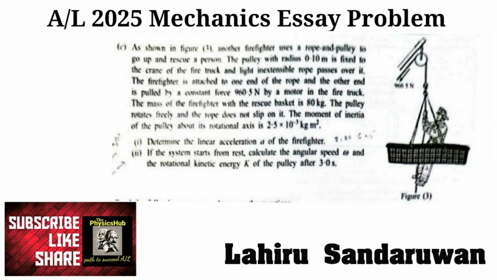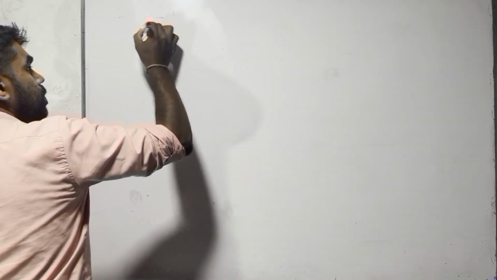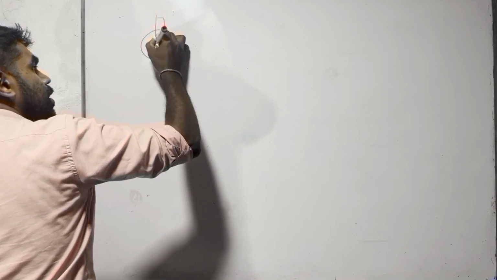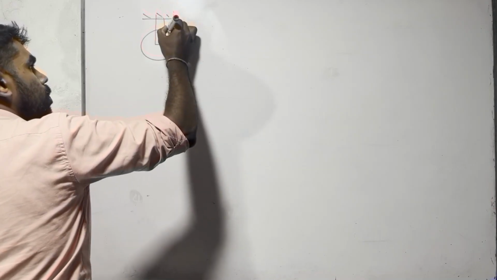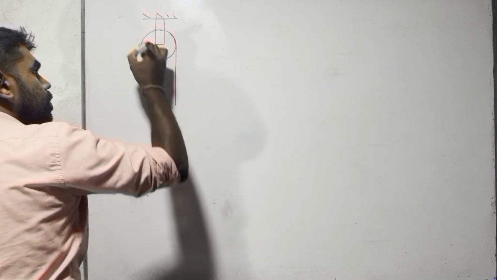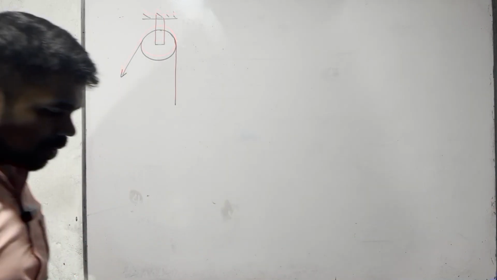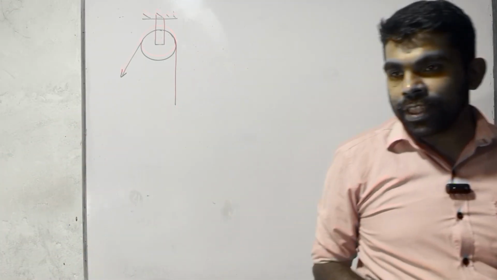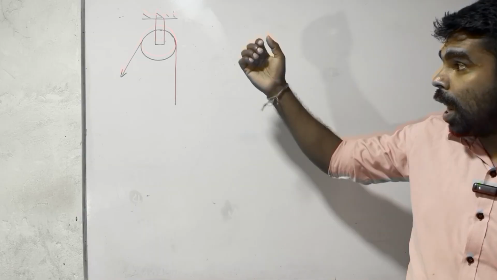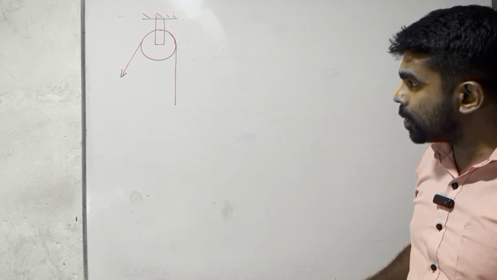The moment of inertia of the pulley about its rotational axis is 2.5 into 10 to the power minus 3. Part 1, determine the linear acceleration of the firefighter. Now we have to remember there is friction between the pulley and rope. It means the pulley will rotate.